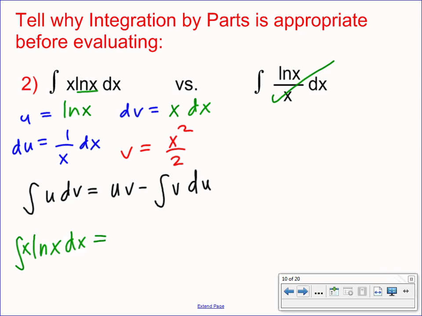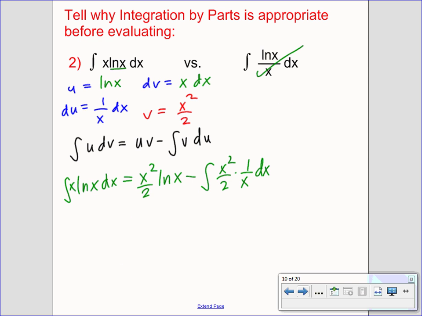Equals u times v, so that would be x squared over 2 times ln of x, minus the integral of v du. V is x squared over 2. Du is 1 over x dx. Is this resulting in a simpler integral than my original? Yeah, it is.